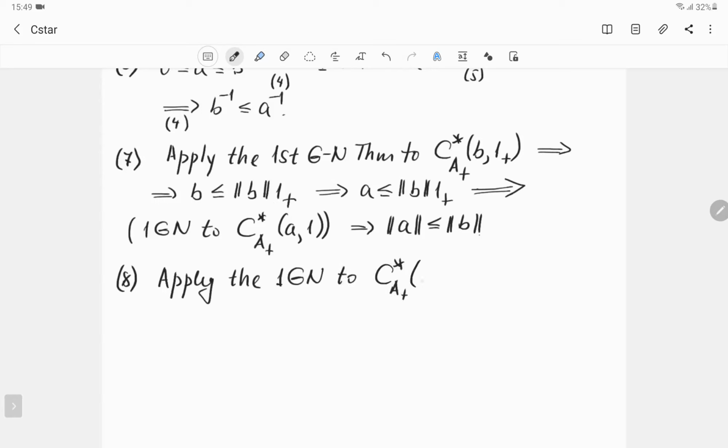Our next goal is to discuss approximate identities in C-star algebras. Well, we have already seen that there are many natural examples of non-unital C-star algebras. Maybe this is not very convenient, but, well, that is life.